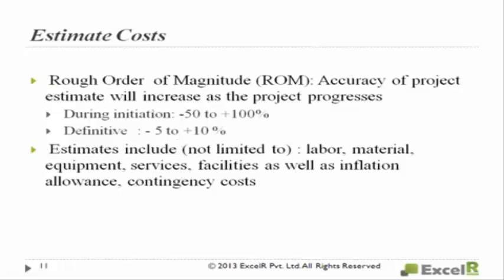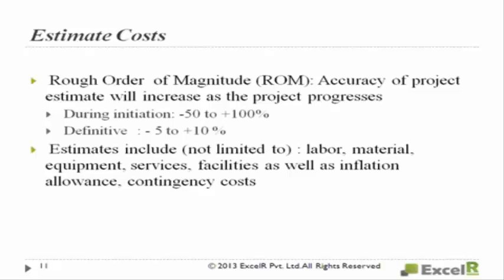Very initial stage, you have not even started the project. There you may say that this project may cost 10 to 15 million dollars. That is 50% you are talking more about. And the moment you come to a definitive stage, as you know more and more detailed information about the project, when you do a detailed estimation of the project, then you will have the definitive information.